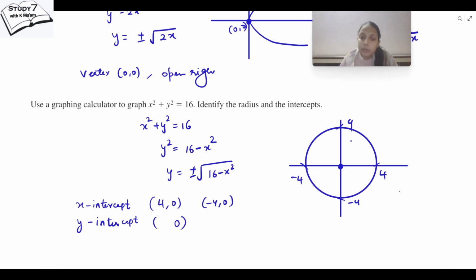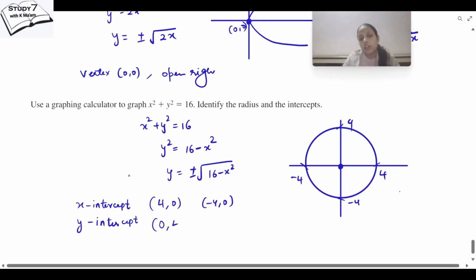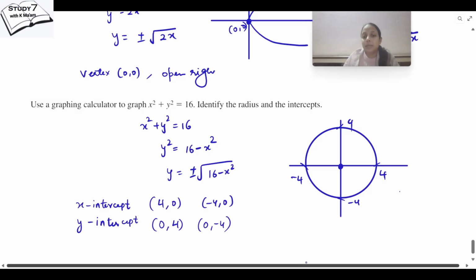If I put x as 0, y is plus or minus the square root of 16. Square root of 16 is 4. So y you are getting either positive 4 or negative 4. These are the intercepts. What is the radius? Total distance from 0 to 4, so the radius is 4.